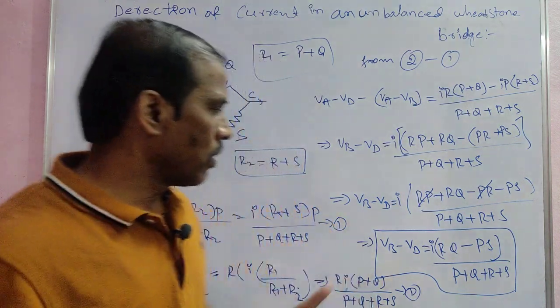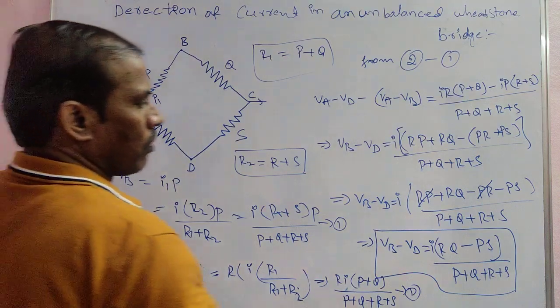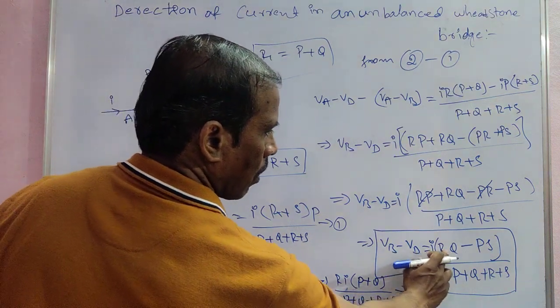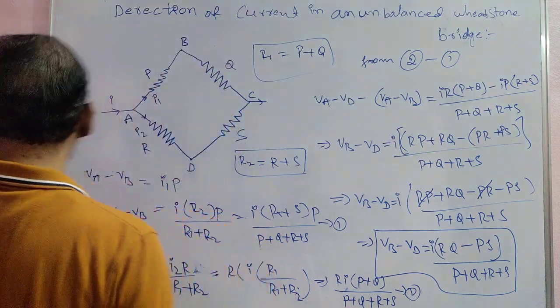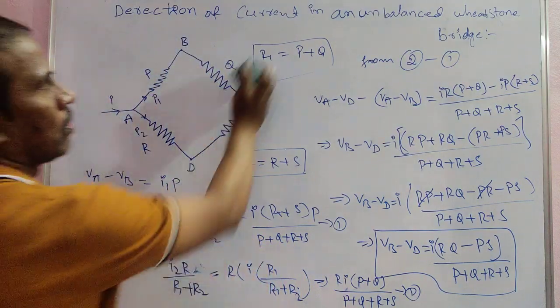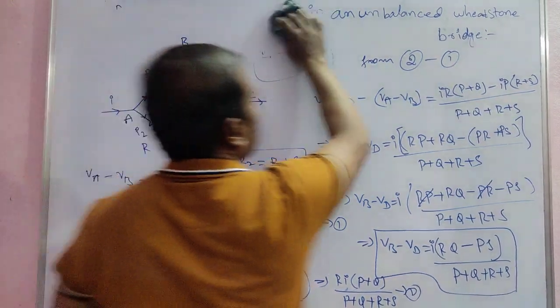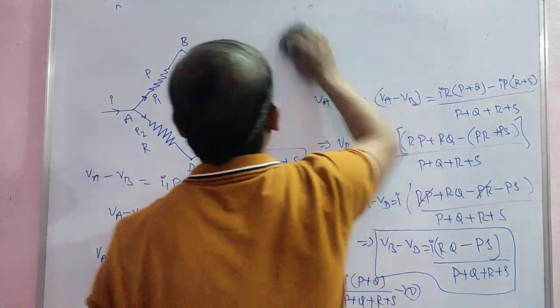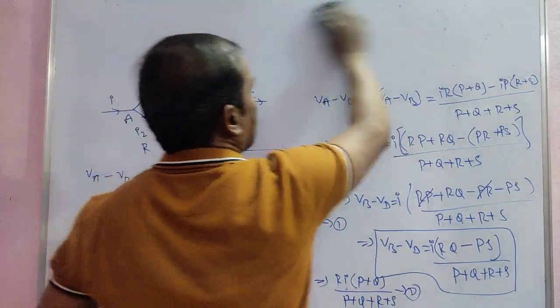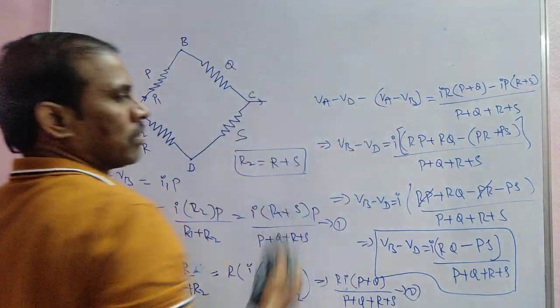Now there are three cases here. Note this one: RQ minus PS. Three conditions: balanced, unbalanced, and the direction of current.